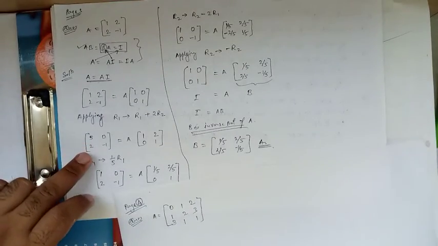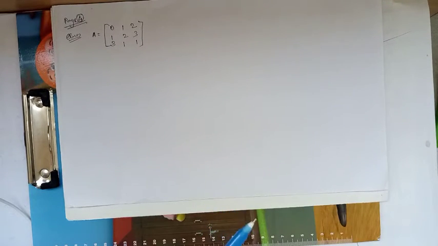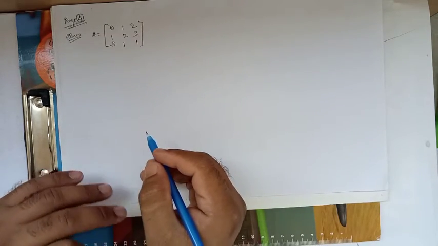So what we are doing is, we have seen in the last example the row transformation. Now I am solving this question by column transformation, so that you will be able to understand both the things, how to solve this thing.